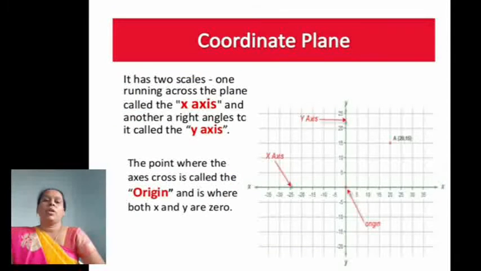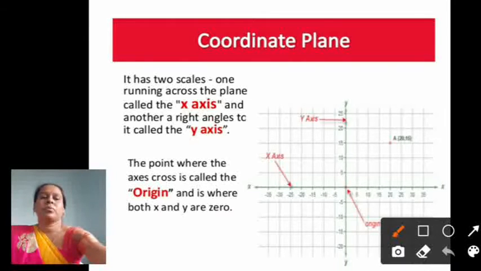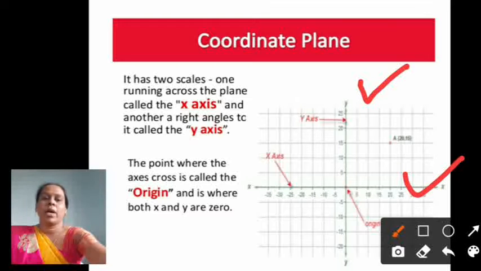Now, what is the coordinate plane? In the plane, here we consider two lines, one the horizontal line and a line perpendicular to that horizontal line. The horizontal line is called the x-axis, and the vertical line which is perpendicular to the x-axis is called the y-axis.